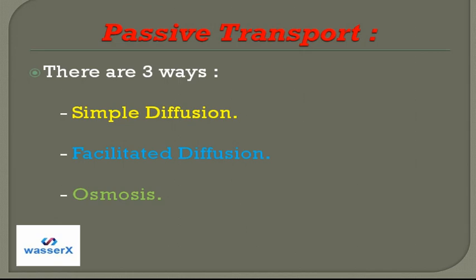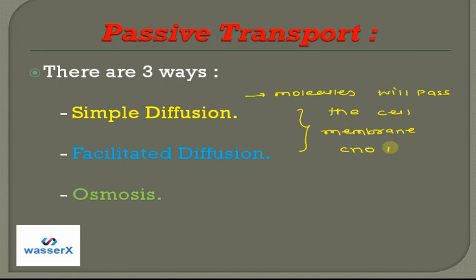In this video we will see these two, simple diffusion and facilitated diffusion. Diffusion means the molecules will pass the cell membrane without any energy. So no ATP is required here.